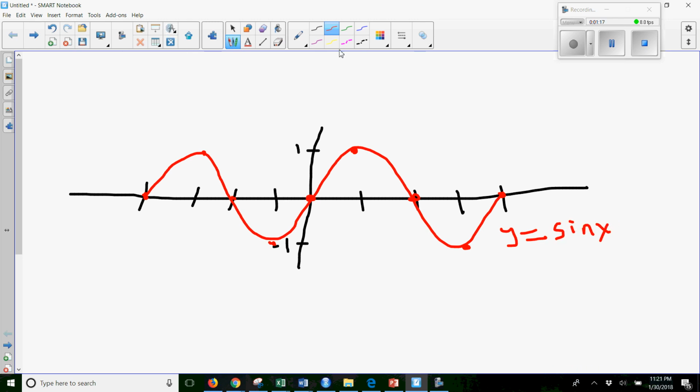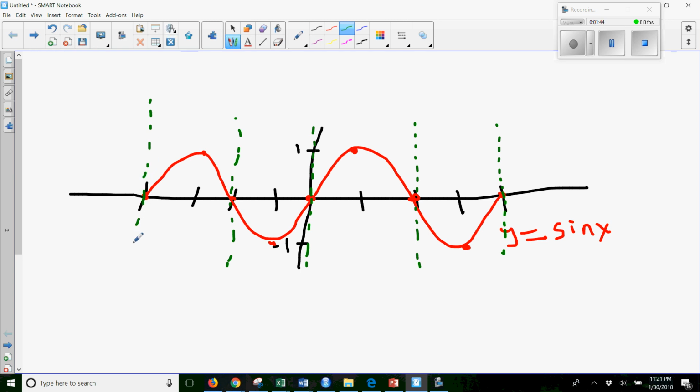What I want to compare this to is y equals cosecant x, or 1 over sine x. So since it's 1 over, we're going to note that anytime the sine is equal to 0, we're going to have asymptotes. It's going to be undefined. It will be over 0. So, go ahead and draw these in.